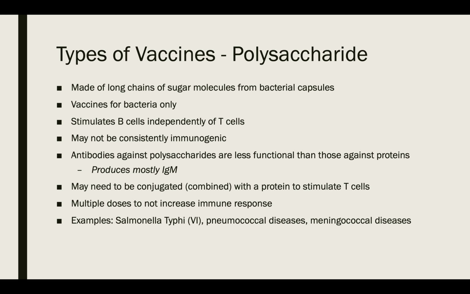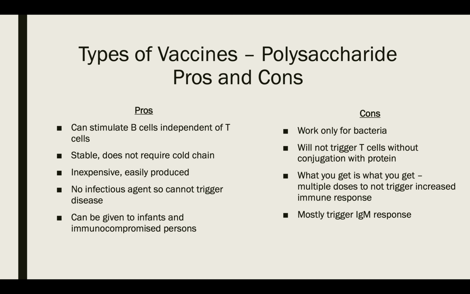So some examples of these, they're not used as often, but Salmonella typhi Vi, pneumococcal diseases, and meningococcal diseases have some polysaccharide vaccines. All right, so again, just going over the pros and cons. Pros, they can stimulate B cells independent of T cells. So if you need an antibody response, that's really good.